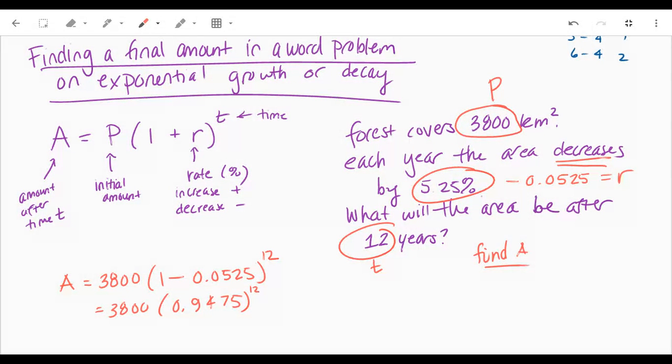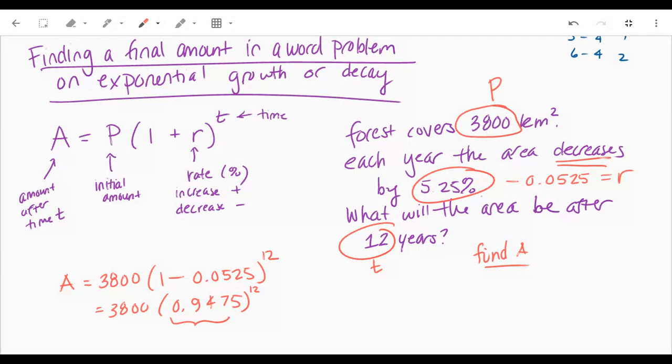What this means basically is that every year 94.75% of the forest remains. 5.25% of 100% has left, leaving us with just 94.75%. You're going to be able to use your calculator to do this. They do have you just round it to the nearest whole number.